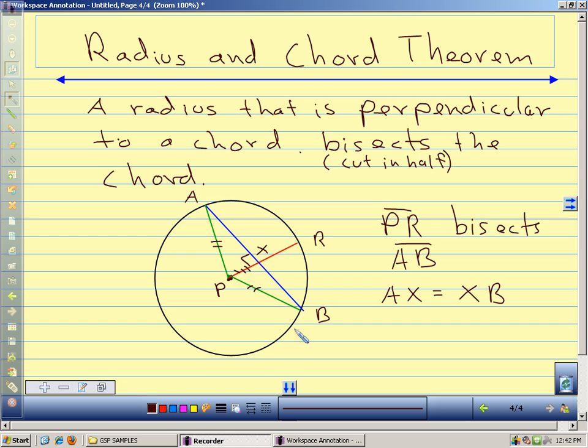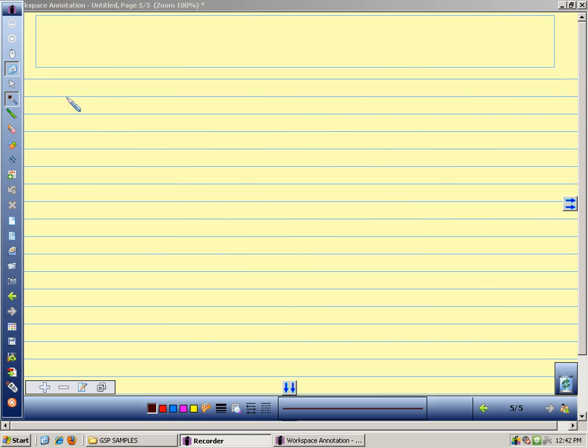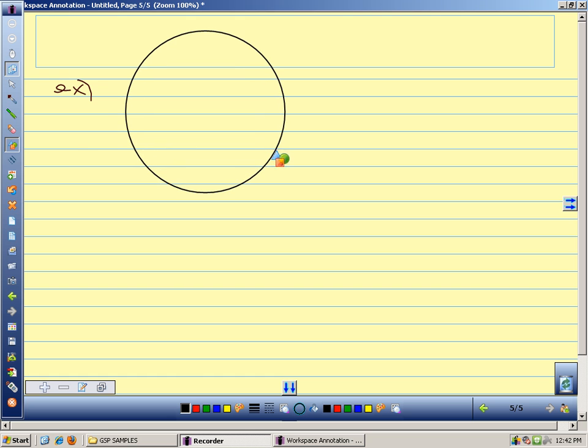Any questions on radius and chord theorem? This one is going to come up a lot as we work through chapter 9. All right, let's look at one example. Here's a type of problem that you might have to solve using the radius and chord theorem. So here's our picture. We'll draw in the center and a radius.